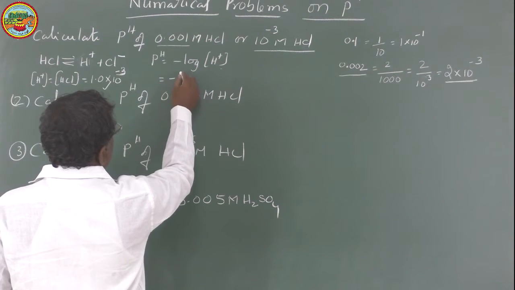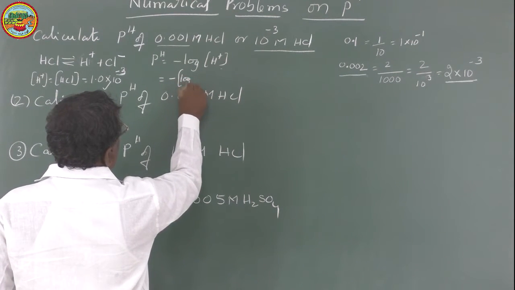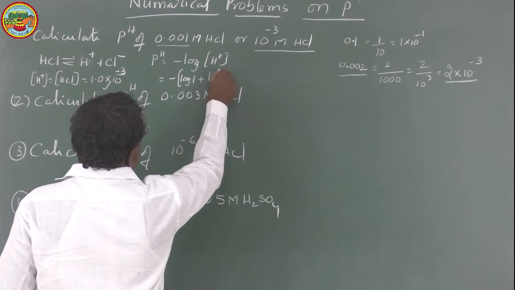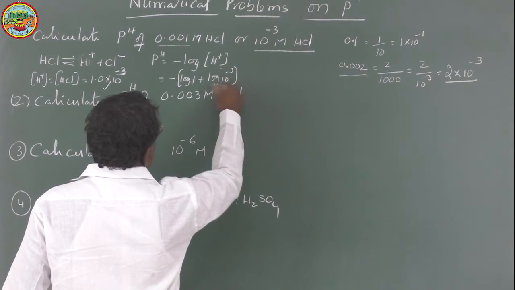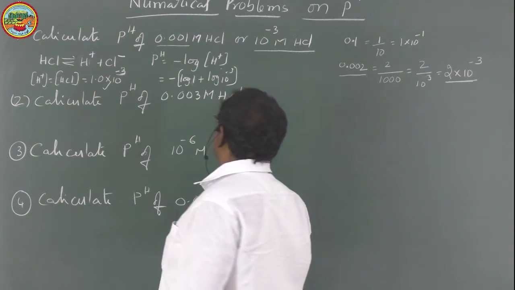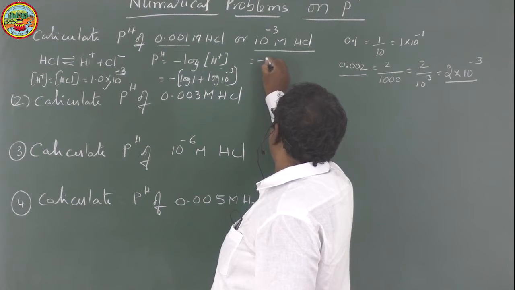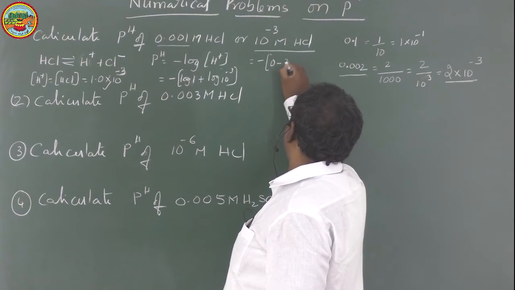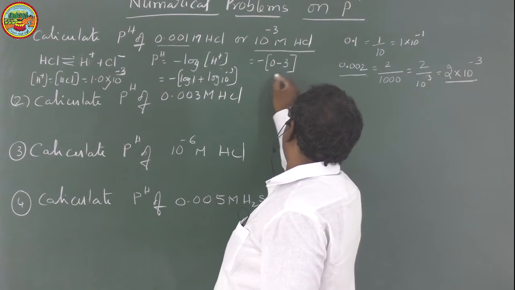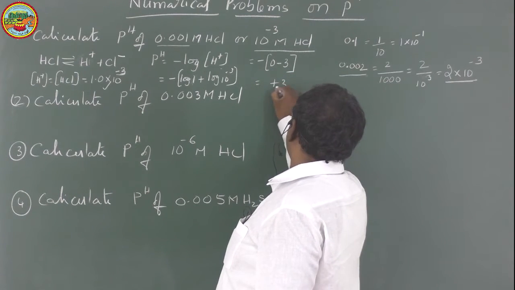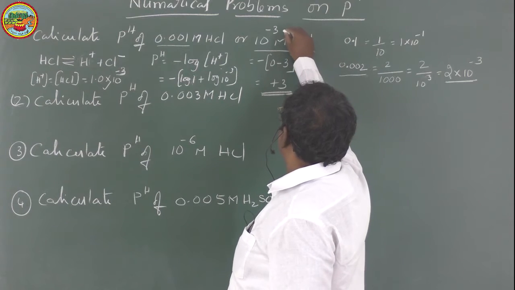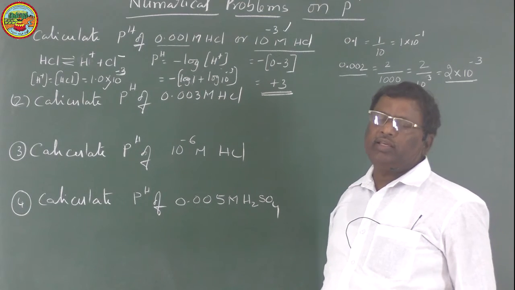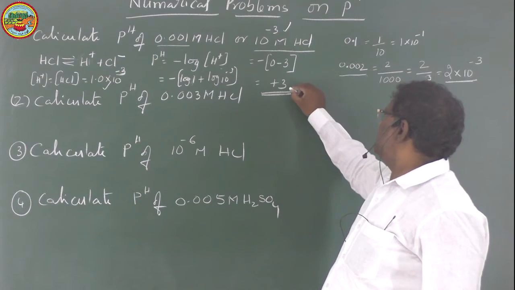So it is minus of log 1 plus log 10 to the power minus 3. The value of log 1 is 0. So we can write it as minus of 0 minus 3, because log 10 to the power minus 3 is minus 3. So minus of minus 3 will be plus 3. So the pH of 1 into 10 to the power minus 3 M HCl is 3.